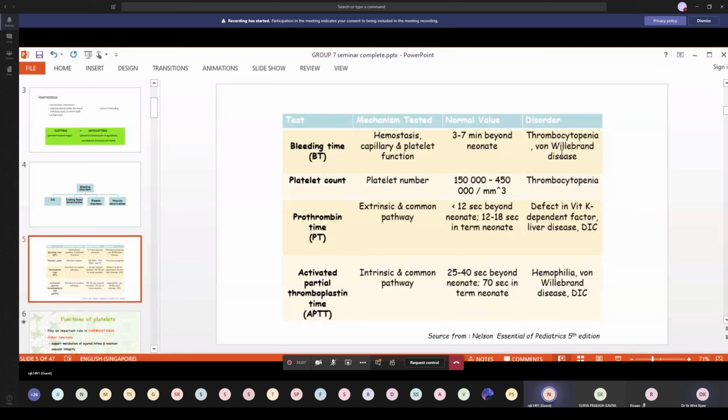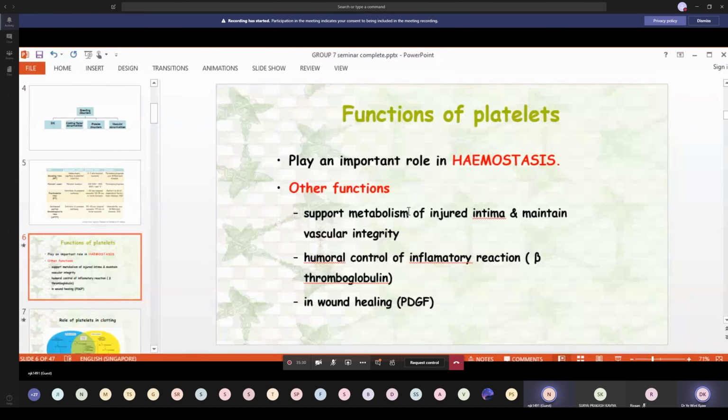And we use tests to show the bleeding disorder. This is where I'm trying to bring you to the pathway, denoted by PT, APTT and so on. Later you will see how the pathway comes about.